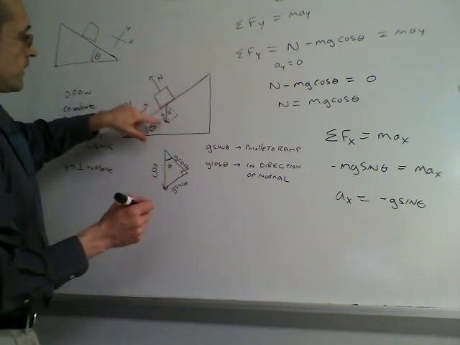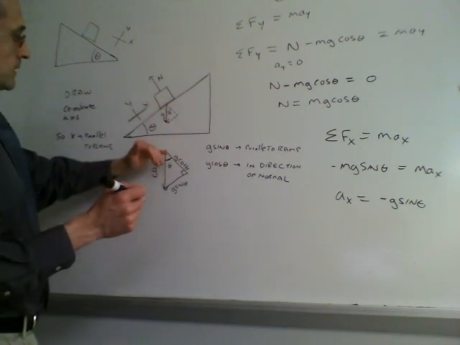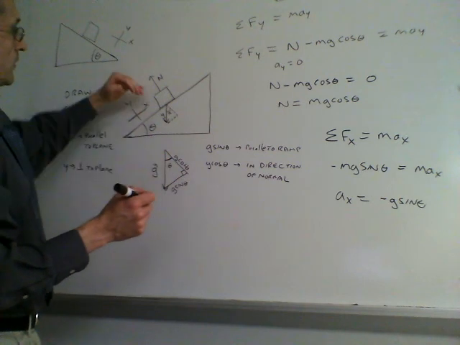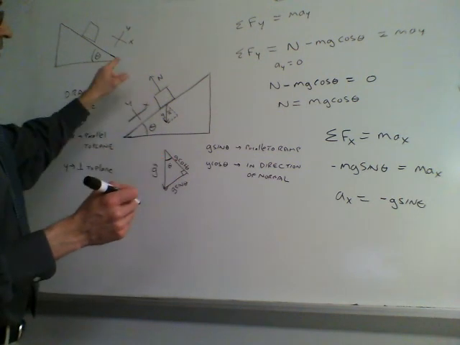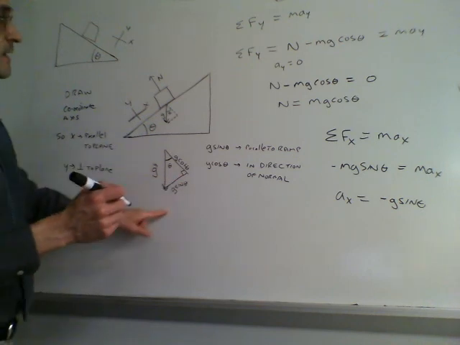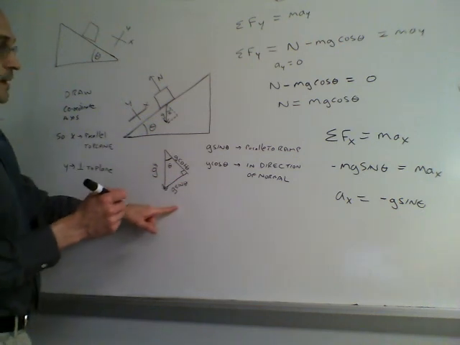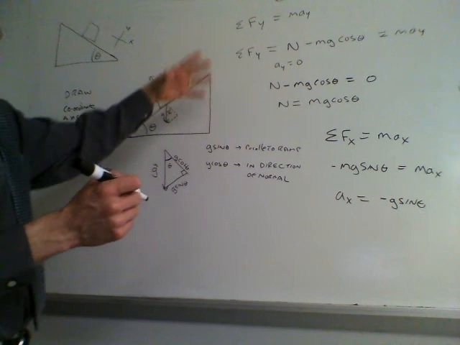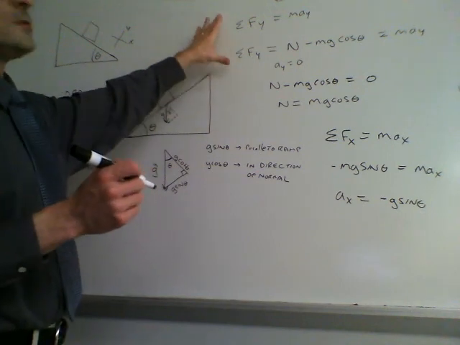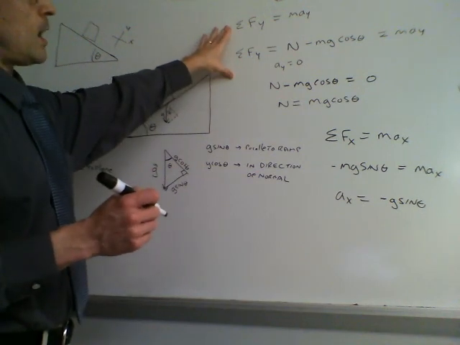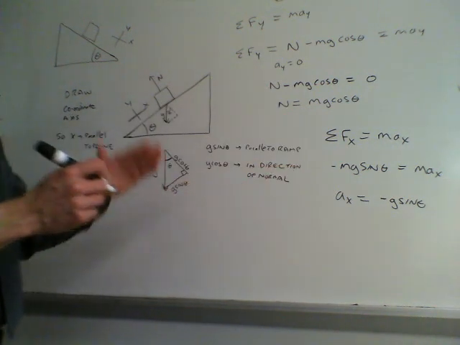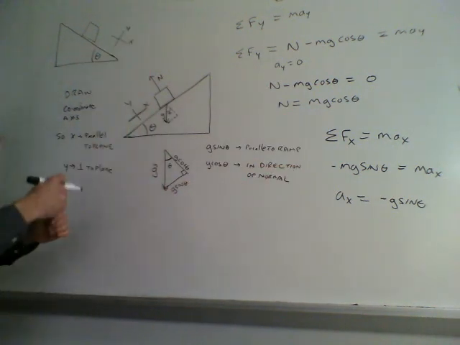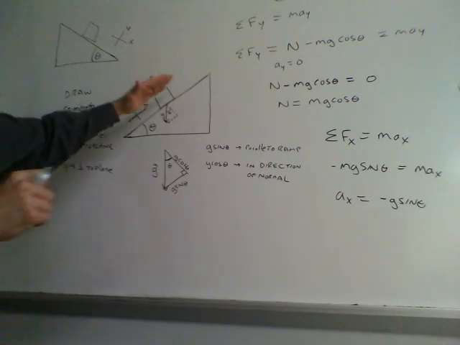We make sure that we break gravity into its components, so with our rotated frame, G cosine theta will be in the y, and G sine theta is parallel to the plane, so that puts it in the x. Then we go about doing what we normally do. We sum our forces in the y to analyze the normal, and we sum our forces in the x to look for any accelerations parallel to the plane of the incline.